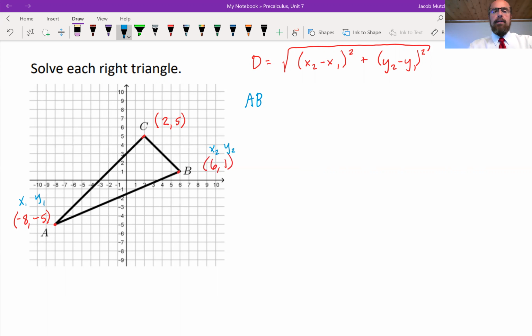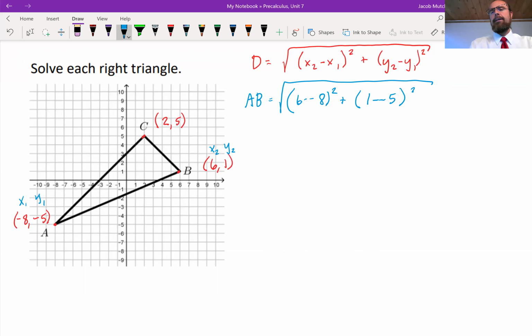I label those so that I can just pick them up and not worry too much about how I'm placing it. I've already got the template here. So for the first difference, x2 minus x1 is going to be 6 minus -8 squared, plus 1 is my y2 minus -5.